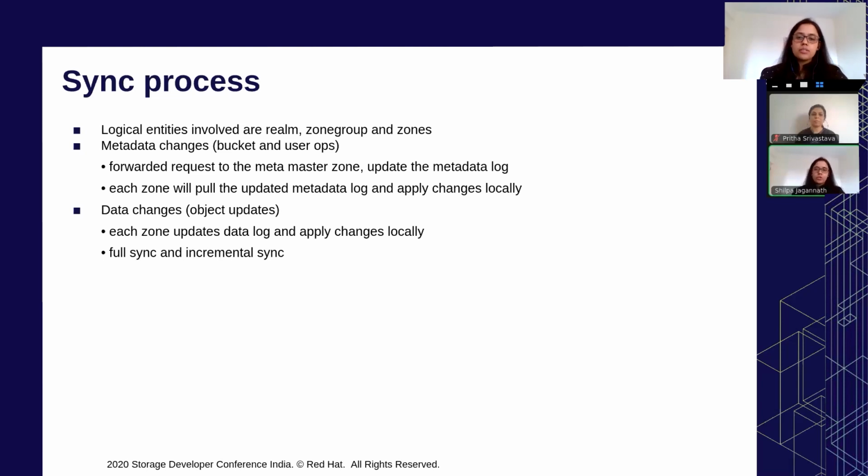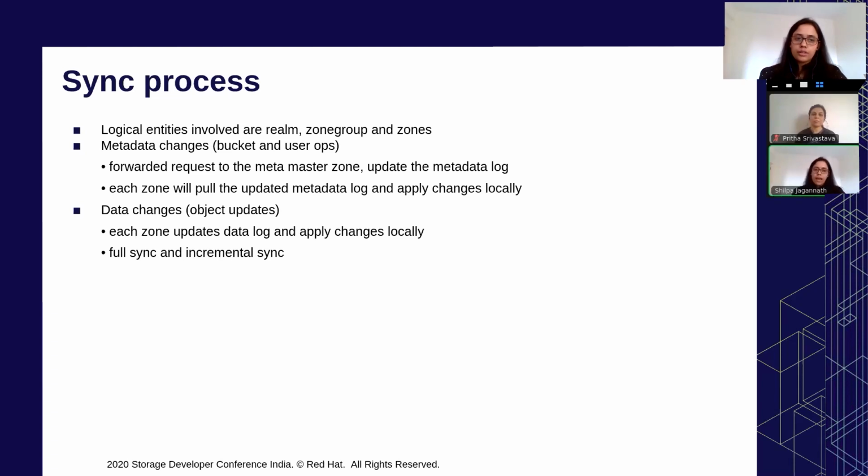So a realm enables the Ceph object gateway to support multiple namespaces, and also different kinds of configurations and data placement or data tiering configurations on the same hardware. We create these entities on the master Rados gateway, and we pull the configuration from all the other participating sites.